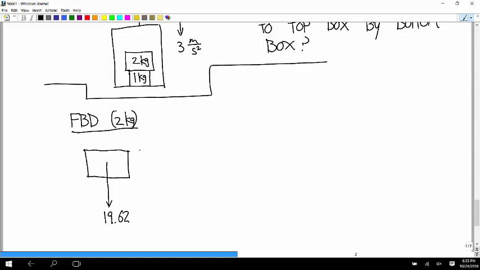And now go around the boundary and look for contact. The only contact is the bottom box pushing up on the top box. So the force is going to be this direction toward the chosen body. And we don't know what that magnitude is. You could call it N or call it R. It's just a variable. You could call it anything, but those are the ones I usually use.